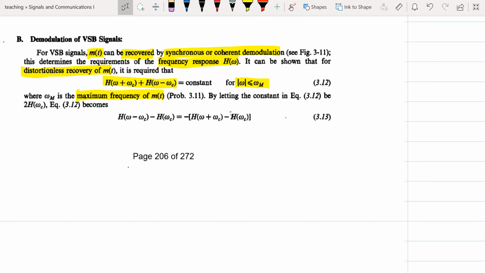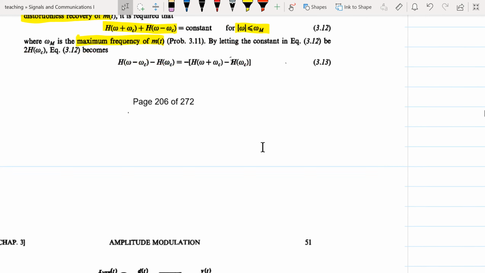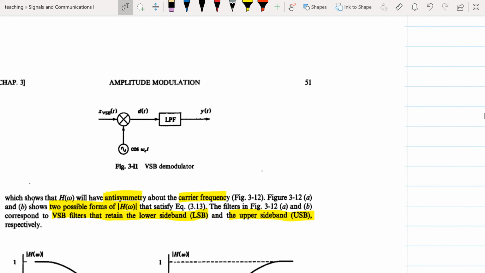The demodulation of the VSB signals may be accomplished by synchronous or coherent demodulation, just like we did with the DSB. And you can see figure 3.11 that is illustrated here.